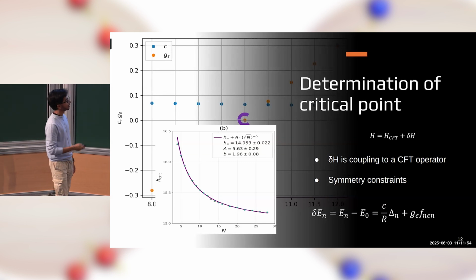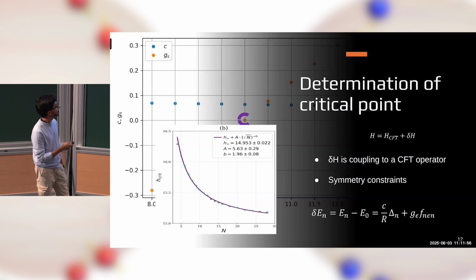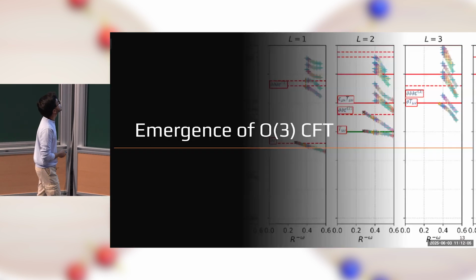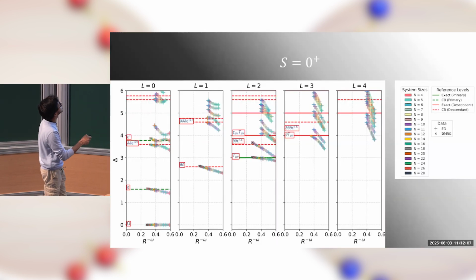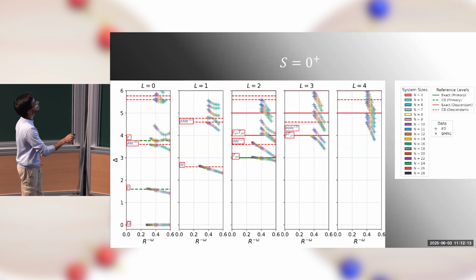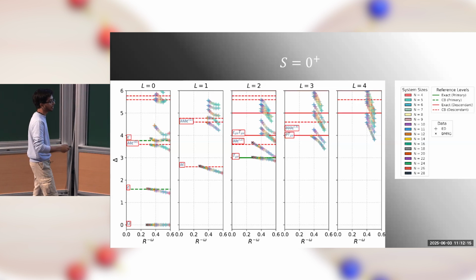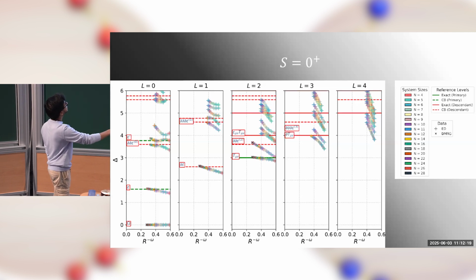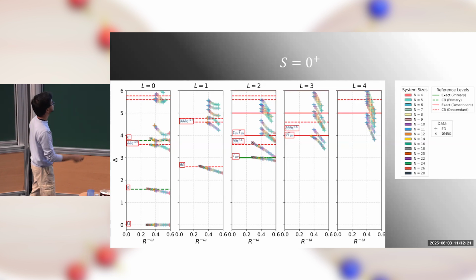Then we go to the critical point and try to see what emerges, and we can more or less clearly see the emergent conformal symmetry. These are the indices. S is the internal symmetry, as I told, and plus or minus corresponds to the Z2. Let me explain some of the legends here. Different colors of the markers correspond to different system sizes.